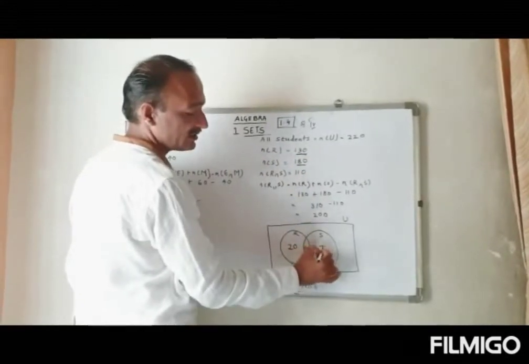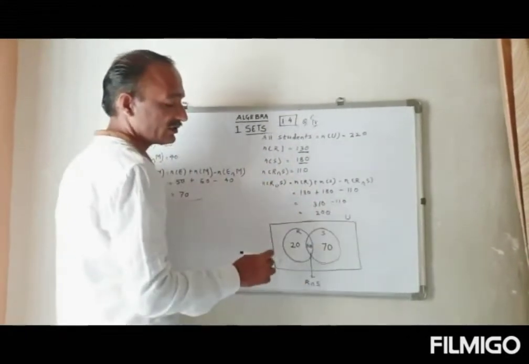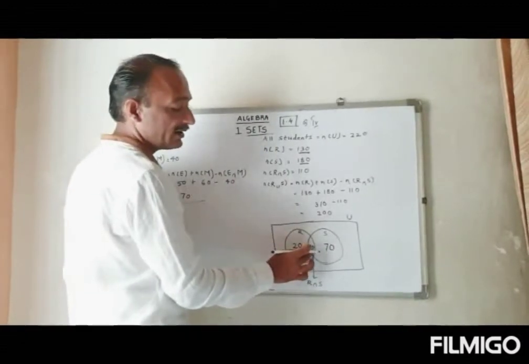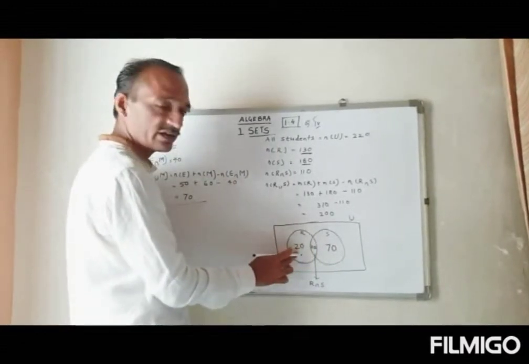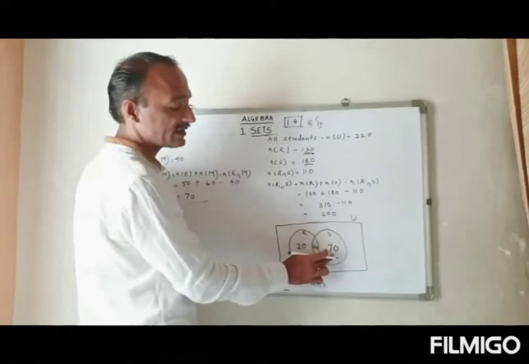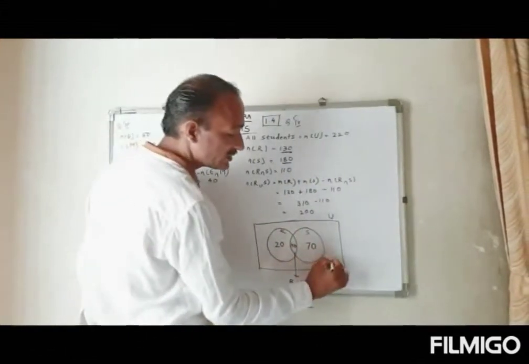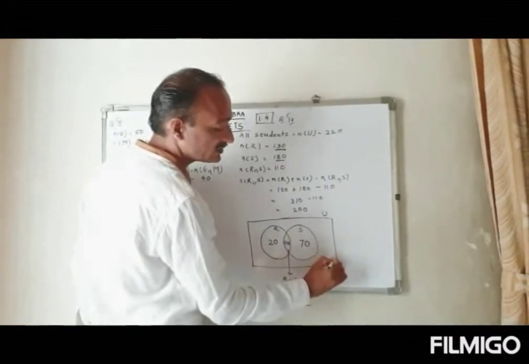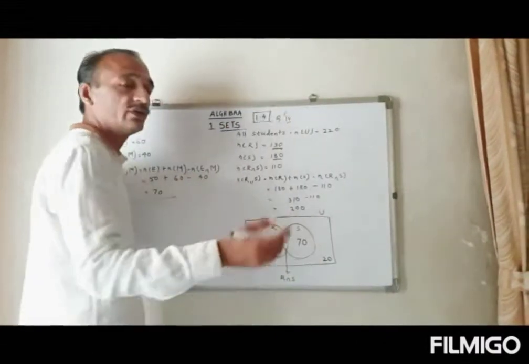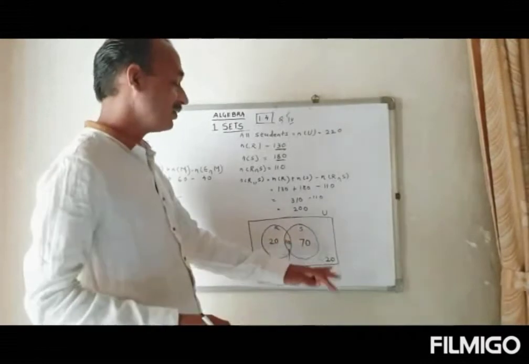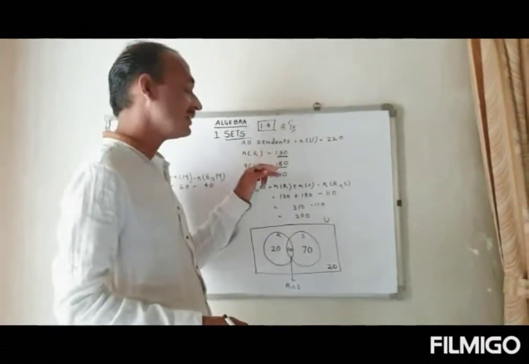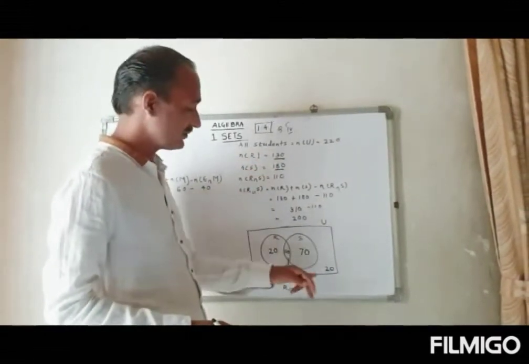180 minus 110 is 70. Now, what is the total number of students? 110 plus 20 is 130, 130 plus 70 is 200. 220 minus 200 is 20 students who do not have any of the hobbies, who like neither rock climbing nor sky watching.